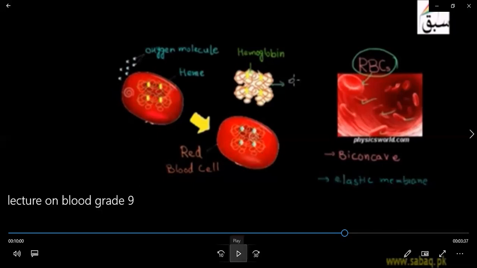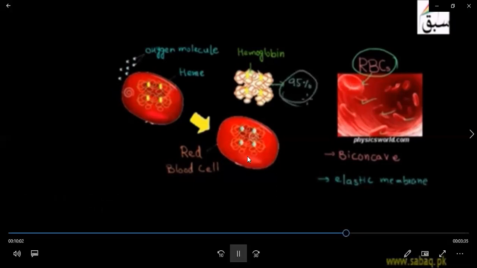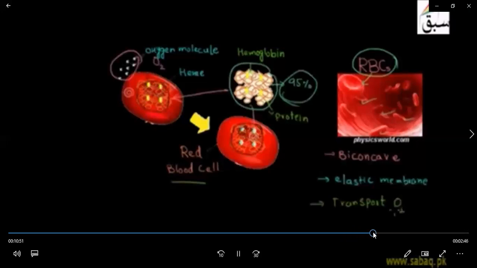So this is how they transport oxygen towards the cells. 95% of the red blood cell cytoplasm is this hemoglobin globular protein, while the remaining 5% has some other enzymes and salts. So the basic function, transportation of oxygen, is done by hemoglobin, and the rest is salts and enzymes which have other functions.